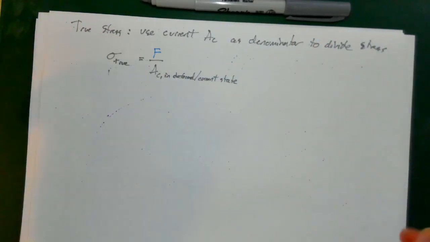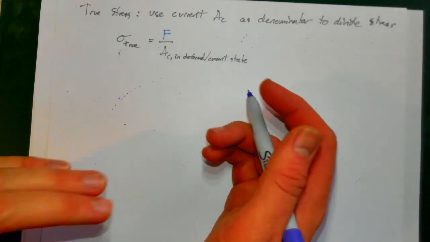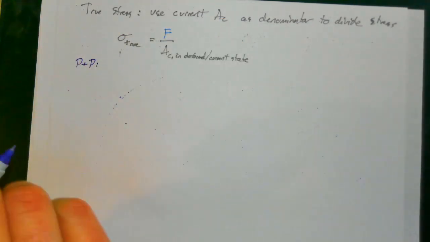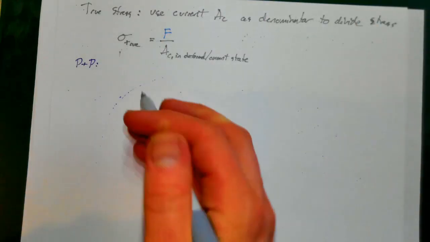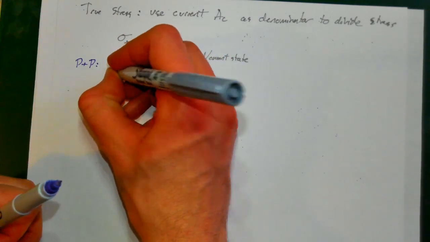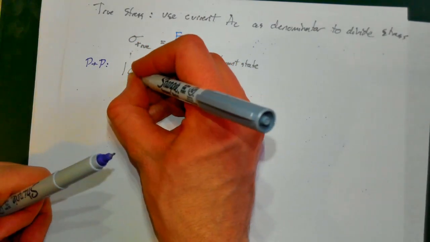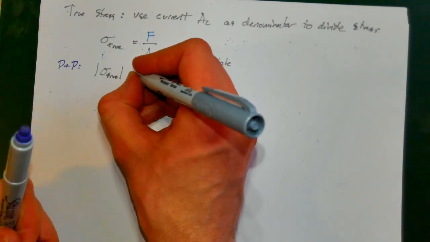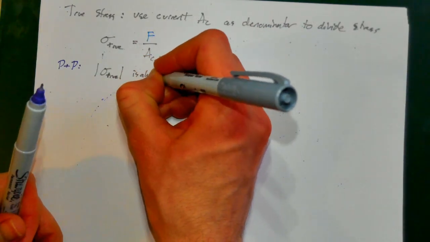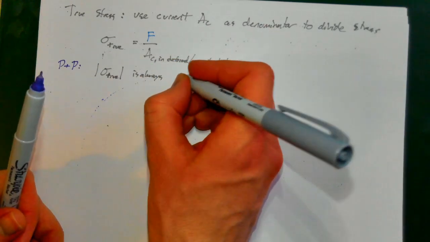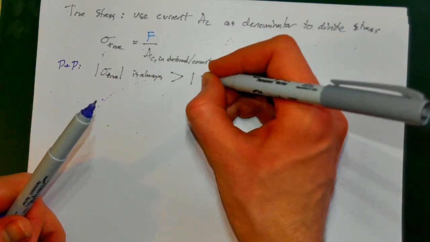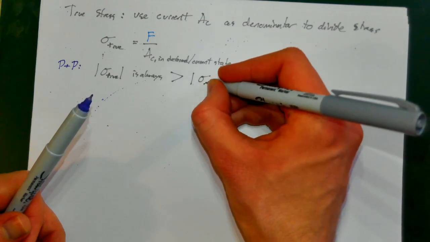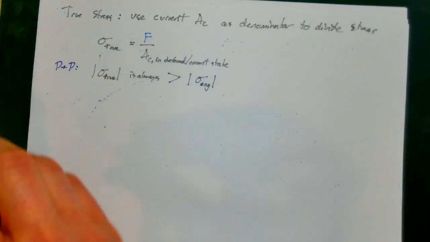All right, take a moment now and prepare yourselves for a pause and ponder question. The magnitude of true stress is always bigger than the magnitude of engineering stress.